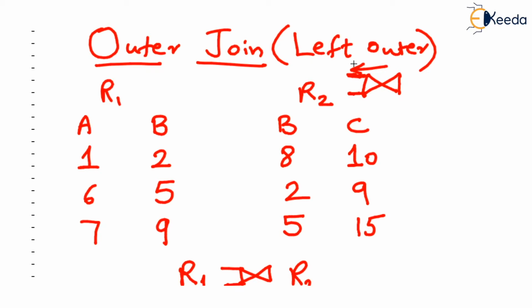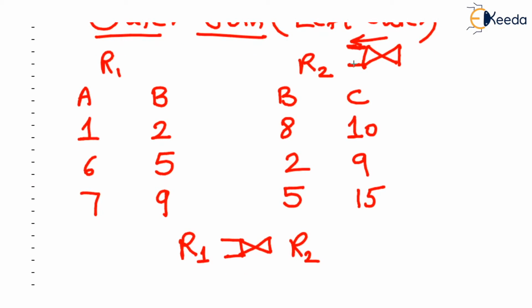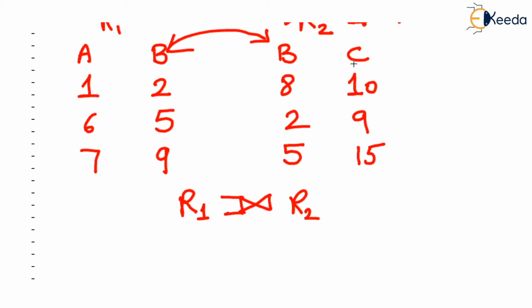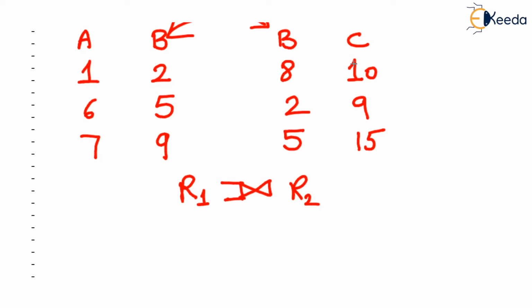Let's say that we have two tables R1 and R2 as usual, and there is a common column between them, the B column, and a few rows. Now let's find what R1 left outer join R2 is. Just check, this symbol is left outer join.